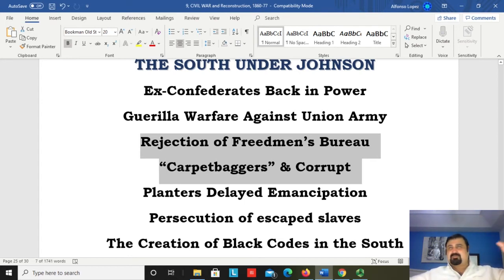Carpetbagger in the South was a term to mean an opportunist, a northerner who wanted to make money by serving in any of the union agencies or union institutions that were now coming to the South to abuse the South, to extract wealth, to rob people's resources, to cut deals. In other words, that they were corrupt.